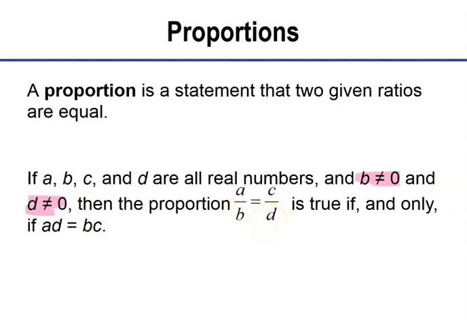Then you can say the proportion A over B equals C over D, or A to B equals C to D, is true if and only if AD is equal to BC. So AD, you cross this way, is equal to BC, and you cross that way. And that's how you can tell if a proportion is true. It's also how you can solve for missing values of a proportion.